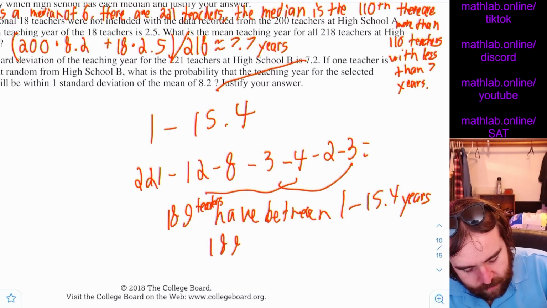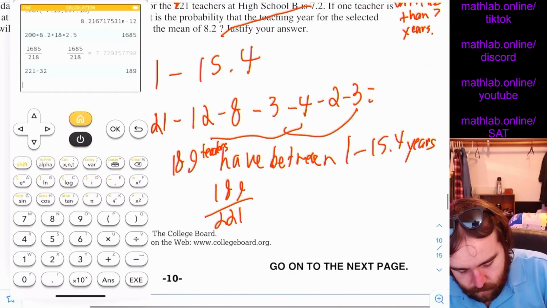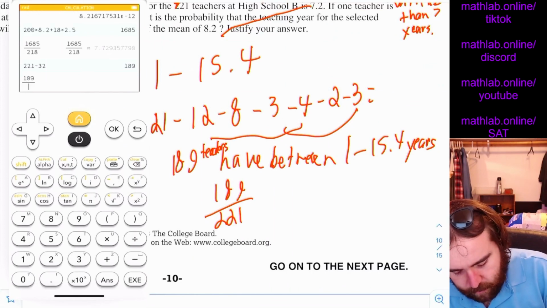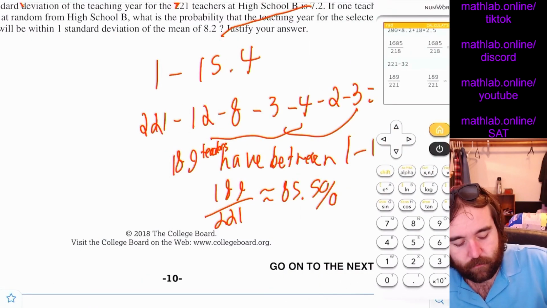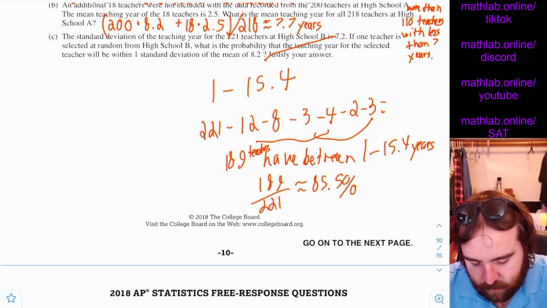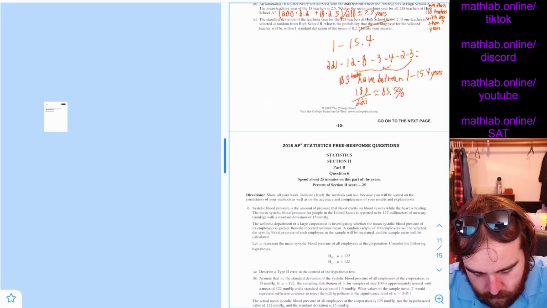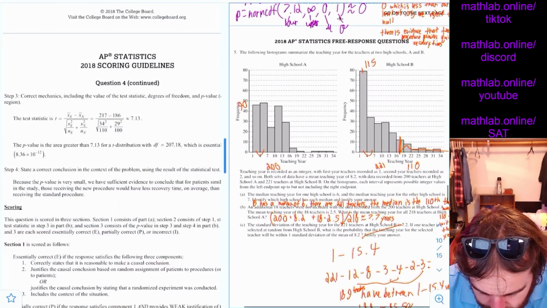So 189 out of 221 is approximately an 85.5% chance. All right. Think we did everything there, right? Let's check the answers to be sure. A.